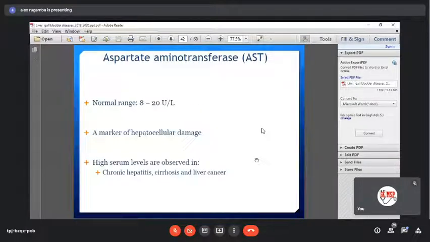For example, aspartate aminotransferase is a marker of hepatocellular damage. A high serum level of this enzyme is present in chronic hepatitis, cirrhosis, and liver cancer.